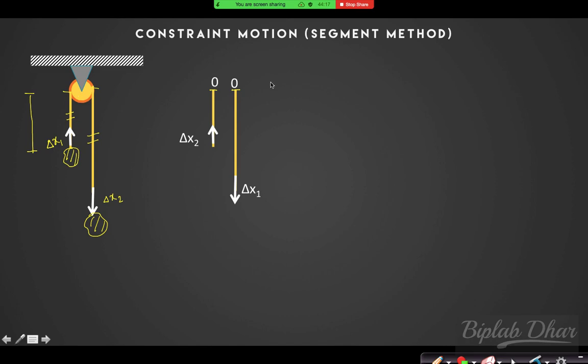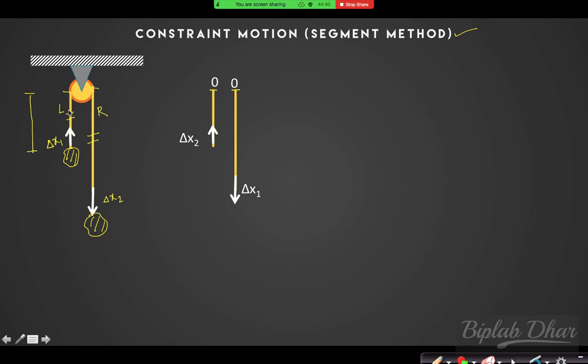Look, if any end of any string is connected to a body, just take the velocity of that body as the velocity or displacement of that end of the string. That is what the segment method says. Here, this is the left part of the rope and this is the right segment.